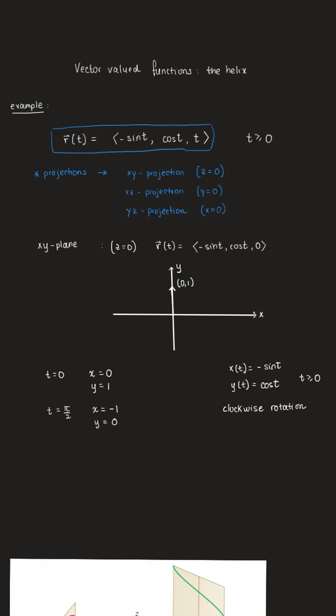So negative 1, 0. It is going to go in the counterclockwise direction. I said clockwise, but it looks like it's going to travel counterclockwise. I said clockwise because I was thinking positive sine. So let's change that. It should be counterclockwise. Let's just test again. When t is pi, x is going to be 0 and y will be negative 1. So yes, we're definitely going counterclockwise. And this is a unit circle in the counterclockwise direction. Because of that negative sign, this is counterclockwise.